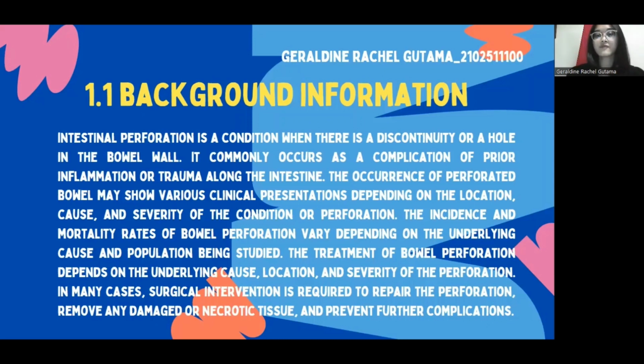The occurrence of perforated bowel may show various clinical presentations depending on the location, cause, and severity of the perforation. The incidence and mortality rates of bowel perforation also vary depending on the underlying cause and population being studied. And surgical intervention is required to repair the perforation, remove any damaged or necrotic tissue, and prevent further complications. So that's all from me.